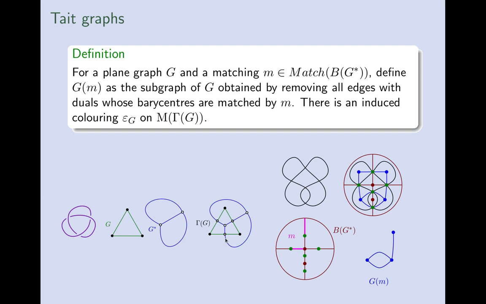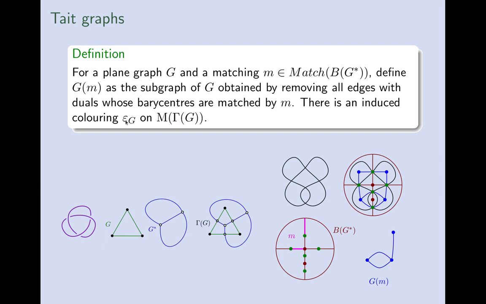This is just the simplicial complex whose vertices are the edges inside, in this case, the Tait graph for G, and whose simplices are given by matchings. So a disjoint collection of edges inside this Tait graph.